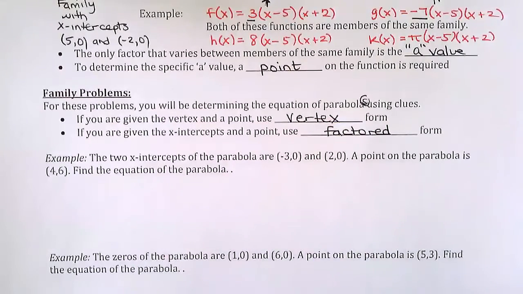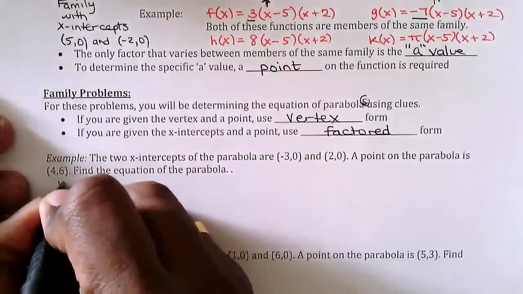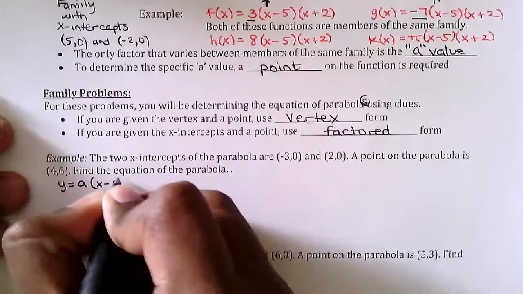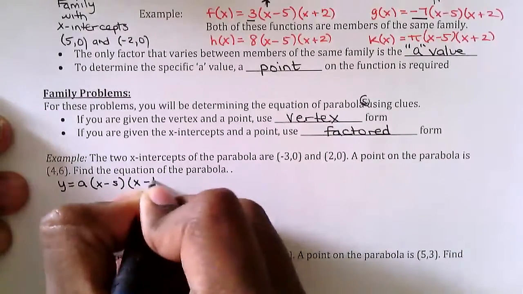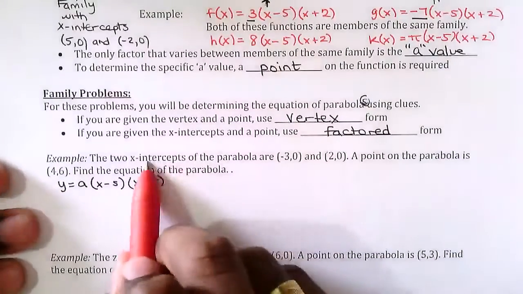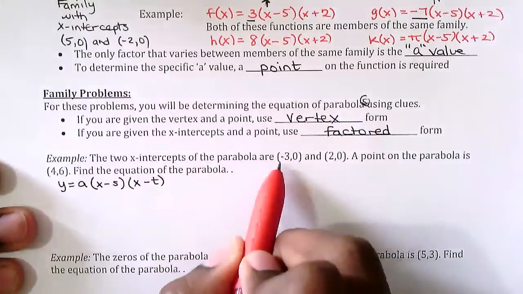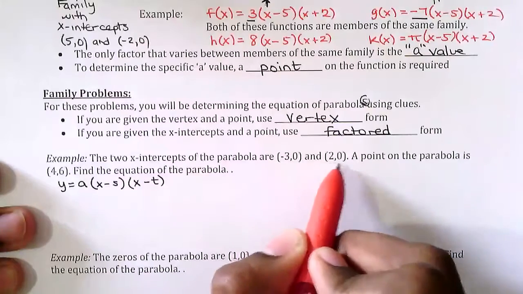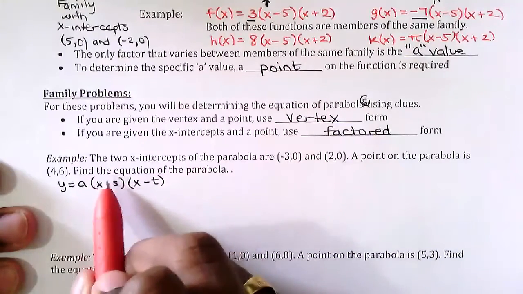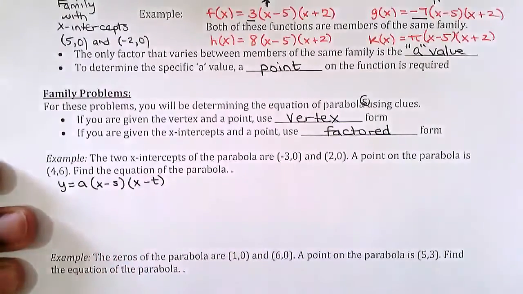So what I suggest is you start by writing the general formula for factored form, which is y is equal to a(x minus s)(x minus t). Once you have this form, you can start putting in the clues that they've given you. They've told us that the two x-intercepts are (-3, 0) and (2, 0). We know that the x-intercepts are essentially read using the factors.